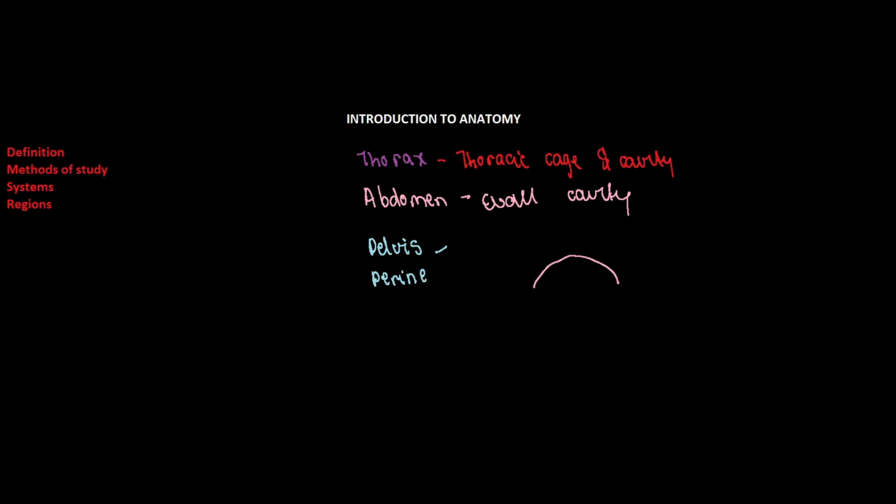Also closely related to the pelvis is the perineum. The perineum is the region located between the thighs, and the pelvis is more of a cavity, while the perineum is more of a region. It's basically the region between the external genitalia and the anus.